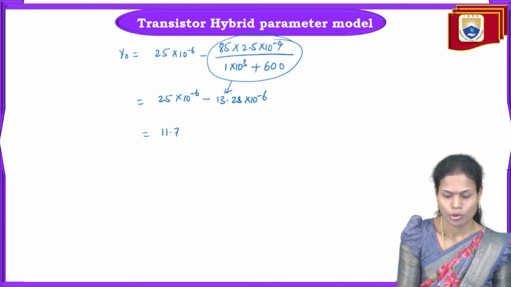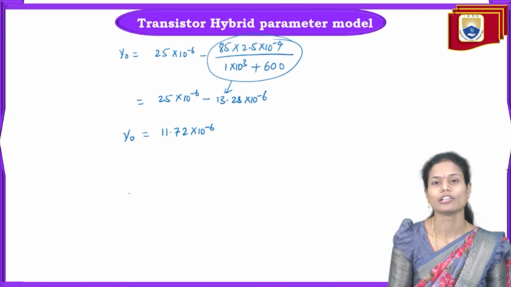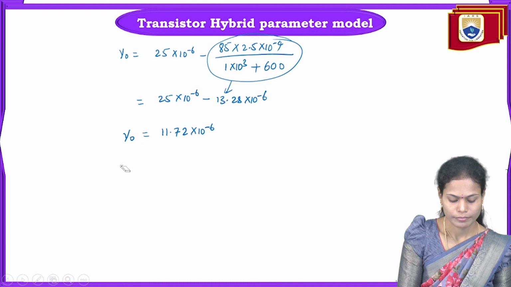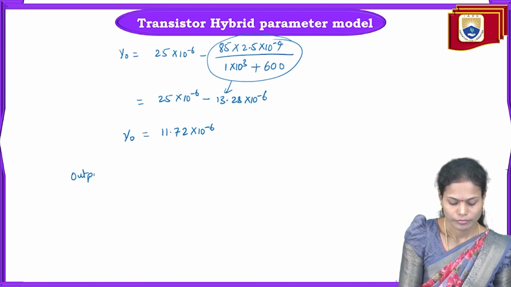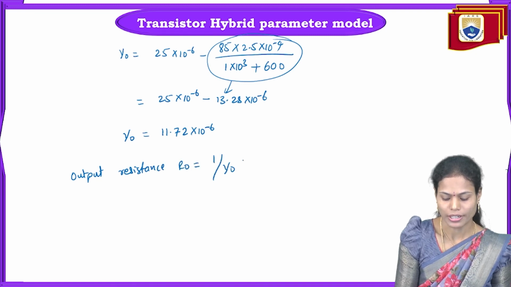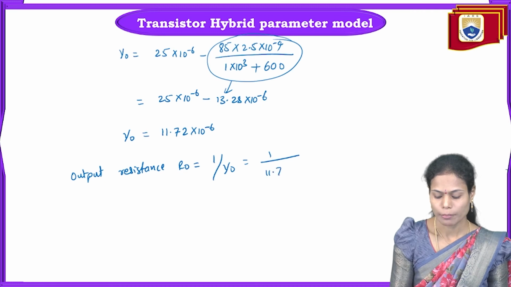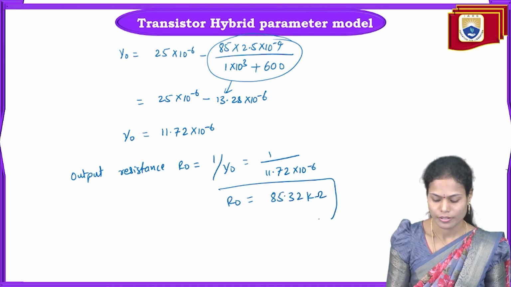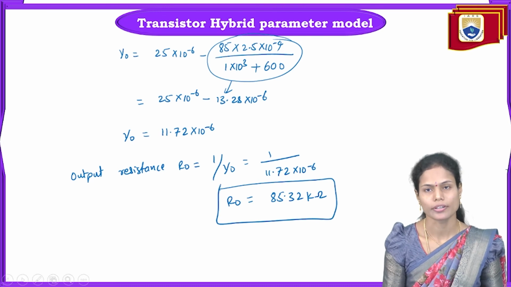So the admittance value is 11.72 into 10 power minus 6. So from this, the output resistance R0 is equal to 1 by Y0, that is 1 by 11.72 into 10 power minus 6, which is nothing but 85.32 kilo ohms. So this is the output resistance.